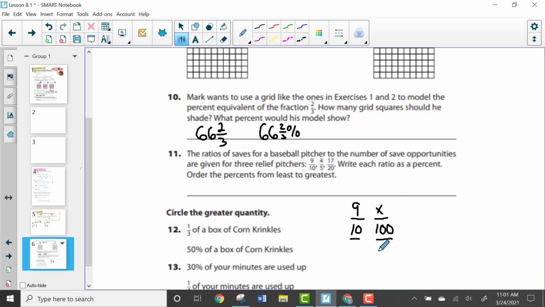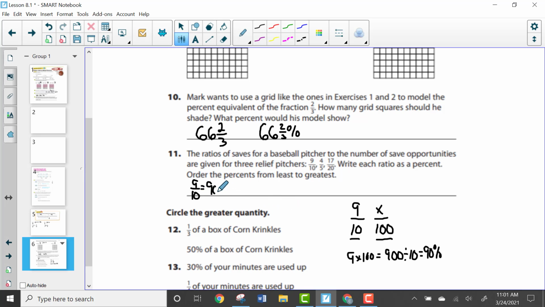So we take 9 times 100. That's going to give us 900. Divide that by 10. That's going to give us 90%. So 9 out of 10 is going to equal 90%. So setting up a proportion is a way to do this.